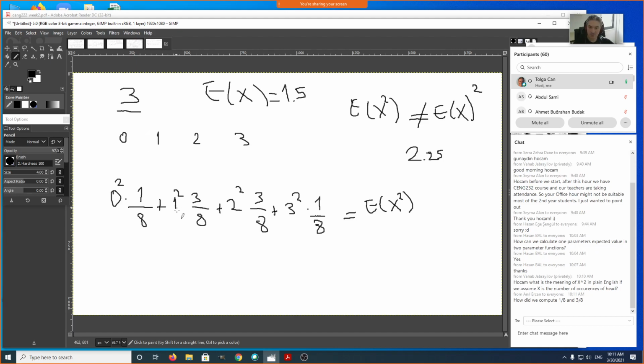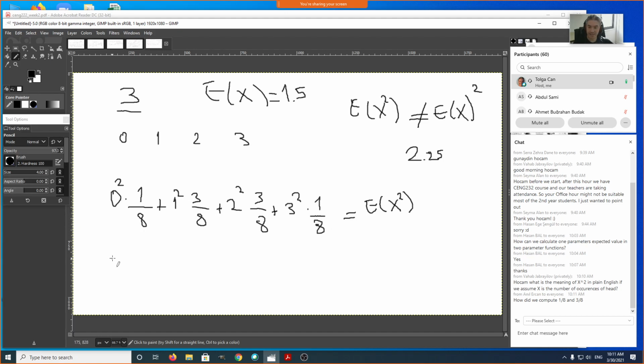Oh, this 1 over 8 and 3 over 8 for 3 coin tosses. There are 8 possible outcomes. I immediately used this 3 over 8 from last week's classes, sorry. While we compute that there are 8 possible outcomes, to obtain 0 heads only one outcome is associated with 0 heads, and only one outcome is associated with 3 heads.